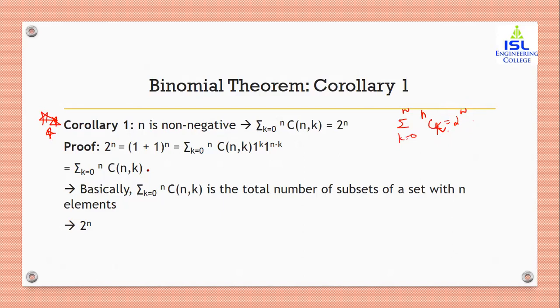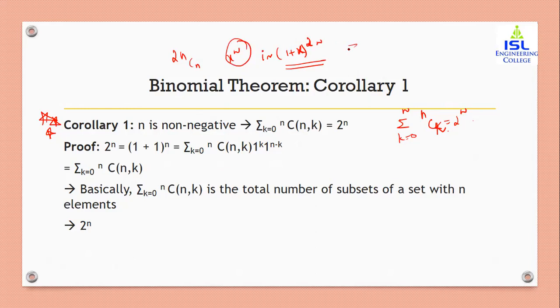Suppose, note that we know already 2nCn is the coefficient of x^n in (1 plus x)^2n. Now what does this mean? If we are finding (1 plus x)^2n, then what is the coefficient of x^n?